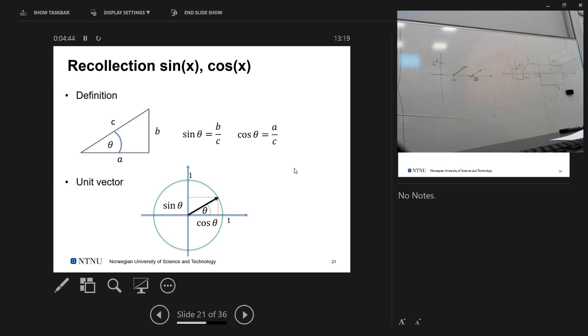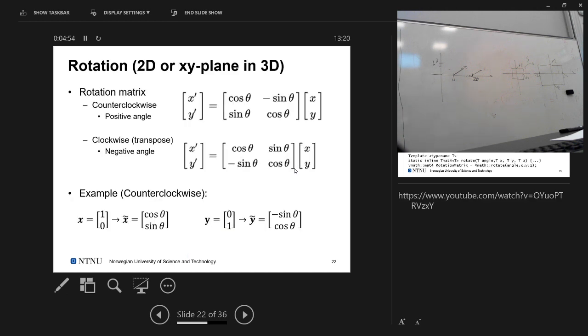So rotate the x-axis by an angle theta, and the new coordinates will be cosine theta, sine theta. That you incorporate in the matrix by letting the first column be exactly that. So I show you this example. You take the x-axis, you map it through a matrix, and you want to obtain these two. Well, the matrix that does that for you is the one that has the leftmost column equal to this.